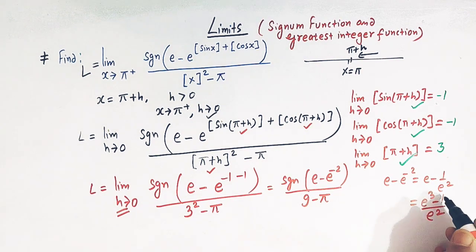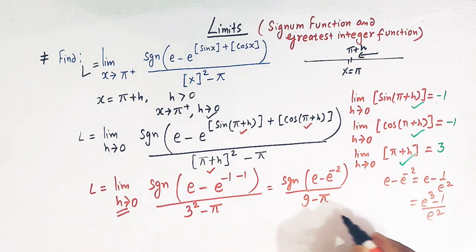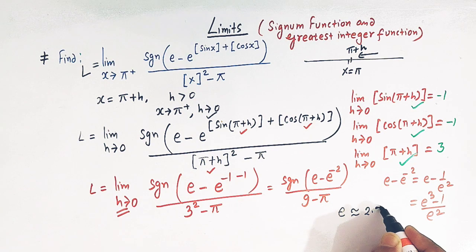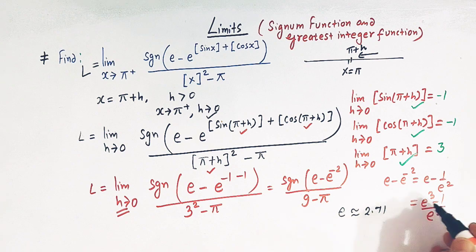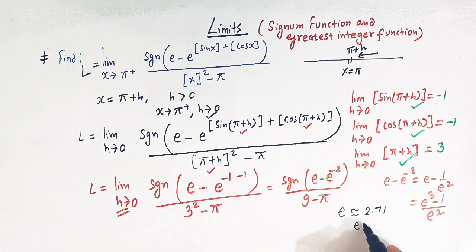And now we know that the approximate value of e is 2.71, right? And e cube is obviously greater than 0, right? So e cube minus 1 is greater than 0, and e cube minus 1 over e square is also greater than 0, right?